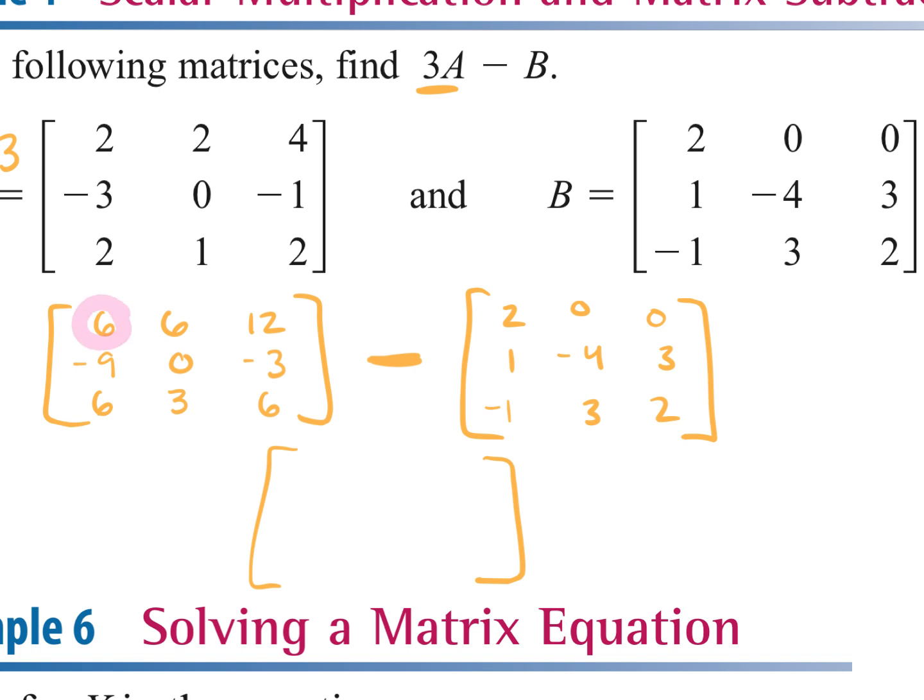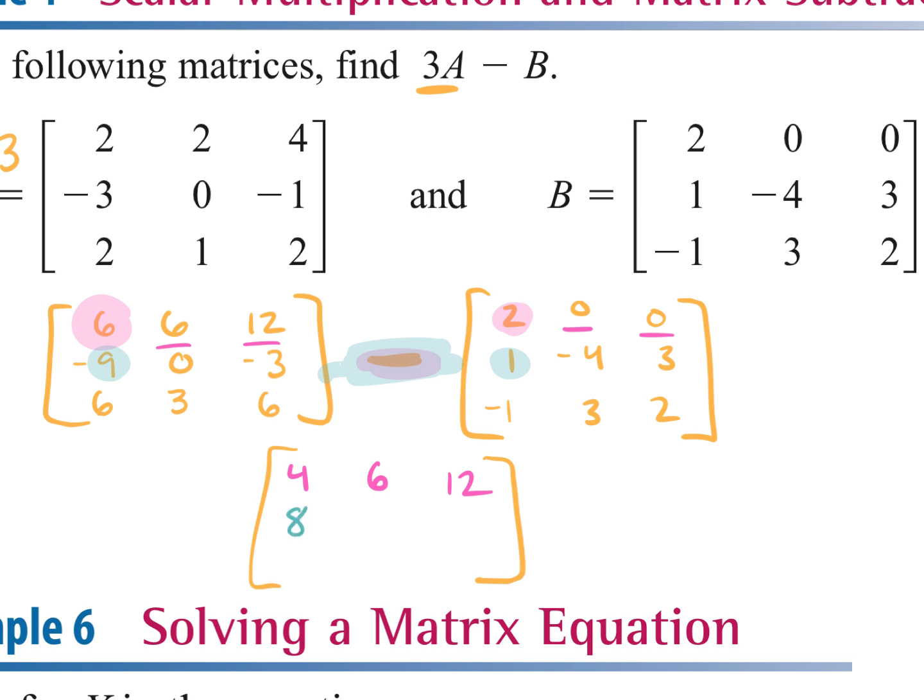So we've got 6 minus 2. What's 6 minus 2? 4. Then we have 6 minus 0, which is 6. And 12 minus 0? 12. Perfect. Let's move on to the second row. We've got -9 minus 1.